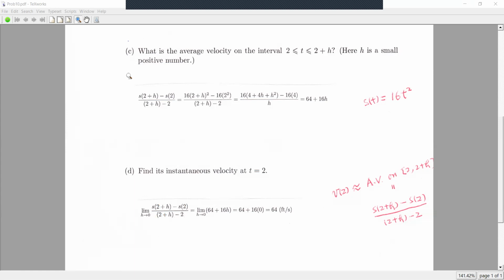From part C, average velocity is 64 plus 16 times h. So we have this equation. Now, to find this limit, plug in 0 for h, then the limit is this number. This number is 64. So instantaneous velocity at the time 2 is 64 feet per second.